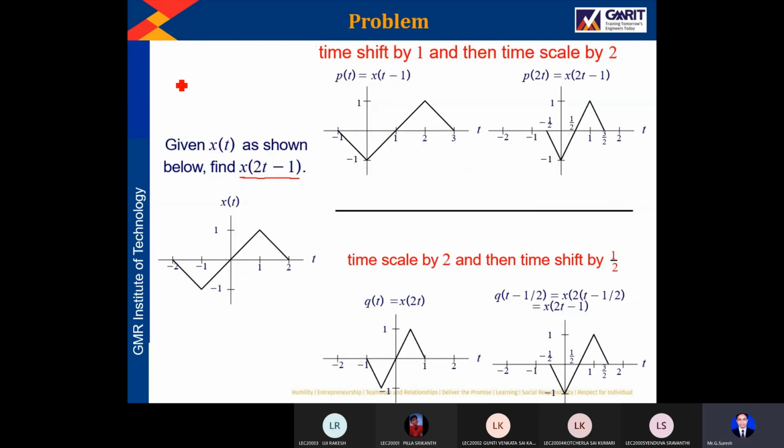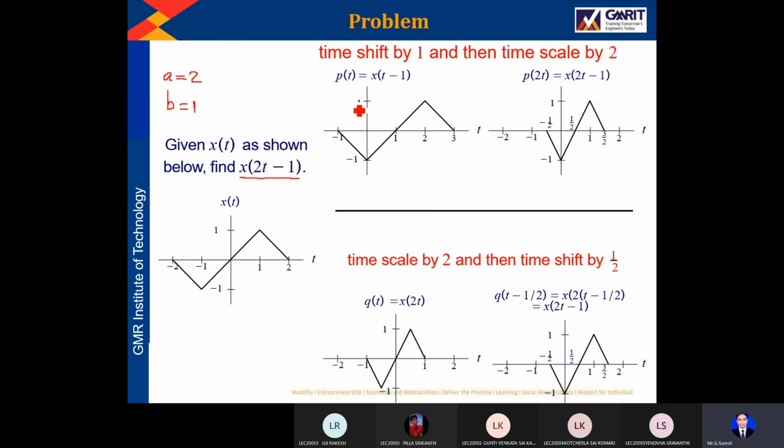That means two operations are involved: one is time scaling, the other is shifting. From that equation I can write that the time scaling factor a is equal to 2, and the time shifting parameter b is equal to 1.